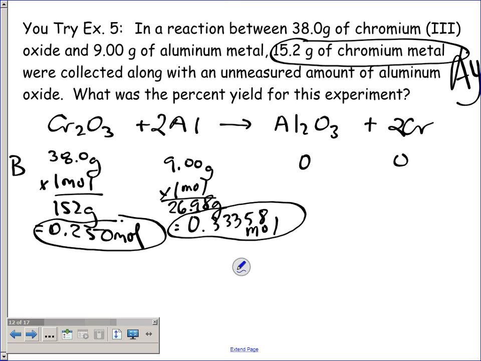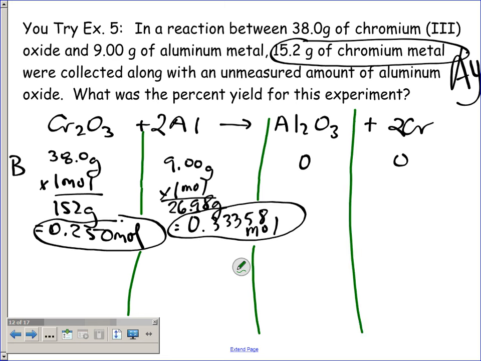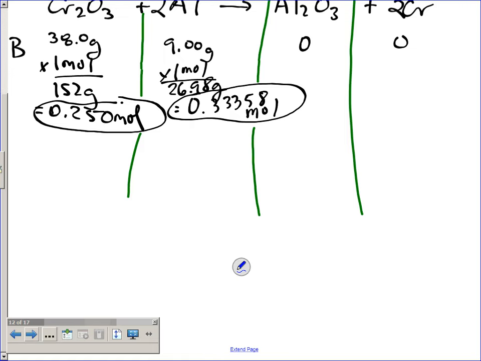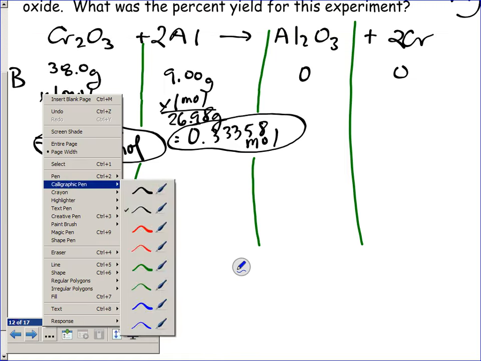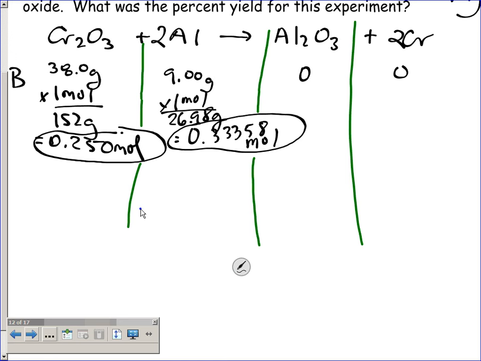Okay, so I don't have my little division lines here, but now I have to determine who's my LR. Here's the other trick that I didn't say out loud in the last example because we didn't need to, because we could use logic and look at the 1-to-1 ratio. But the trick is, write this down if you need to: take the moles you have and divide it by its own coefficient.